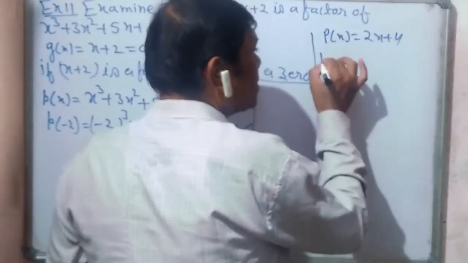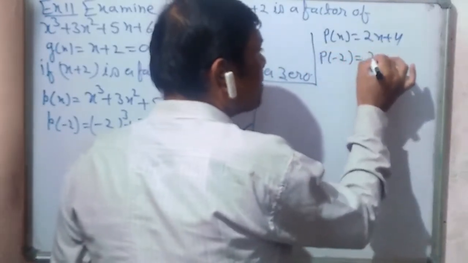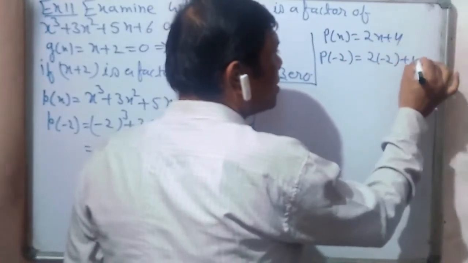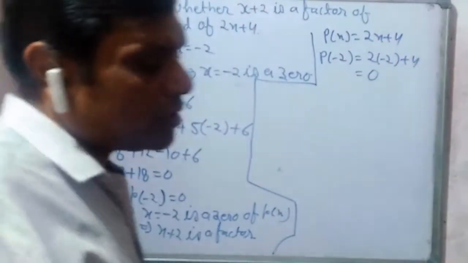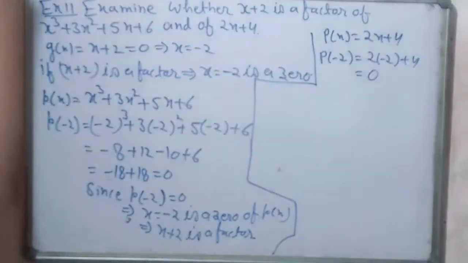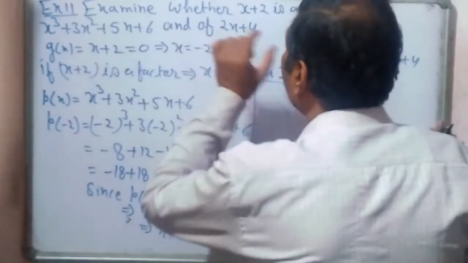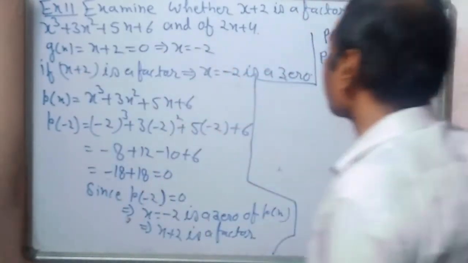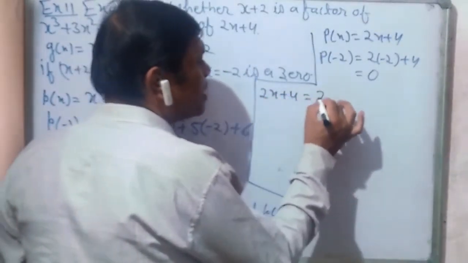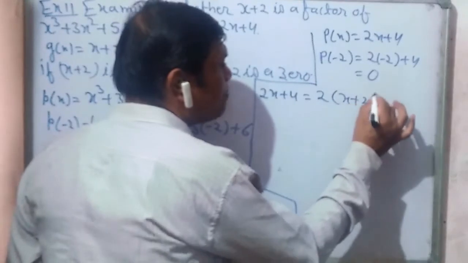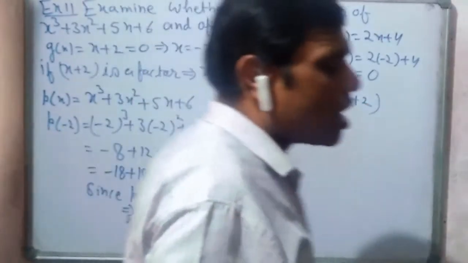What we have to find is its value at minus 2. 2 into minus 2 plus 4, that is 0. Now here, what you are observing, is there any difference between x plus 2 and 2x plus 4? 2x plus 4 is actually 2 multiplied by x plus 2.